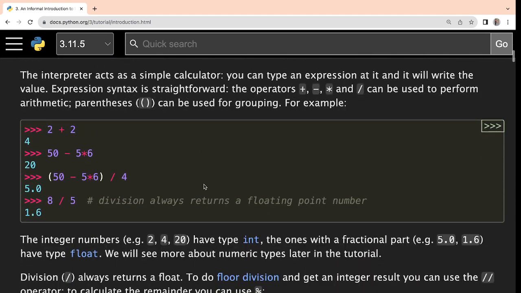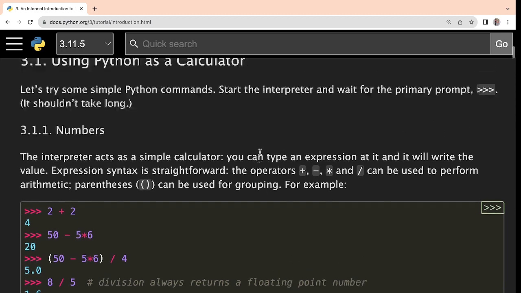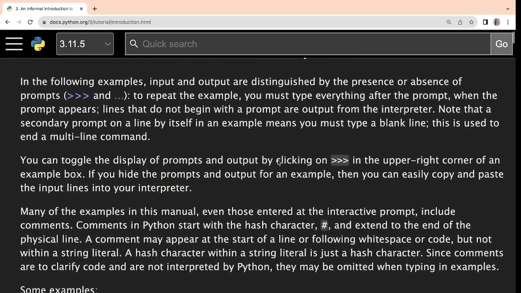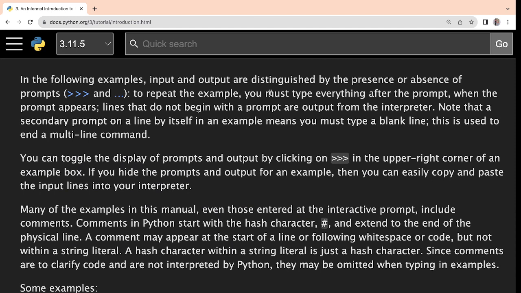If the prompt is present, like in this example where the primary prompt is present, that means it is an input. Here no prompt is there, only 4 is written, so this is output. So if prompts are there, it is input, and if prompts are not there, then it is output.